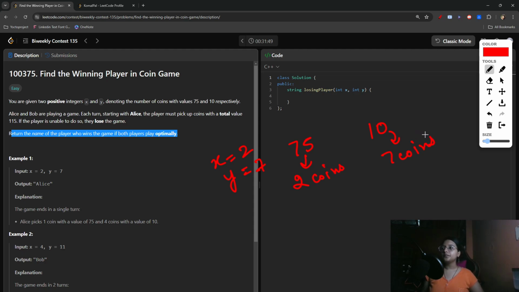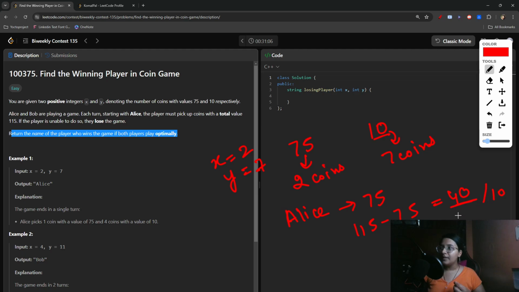That is the thing. So now the first turn would be Alice's, where Alice will pick 75. After picking 75, she will check the 10s. If we subtract from 115, we get 40. We need to check that this difference, if we divide it by 10, is completely divisible, and we are required to have that many coins of 10.